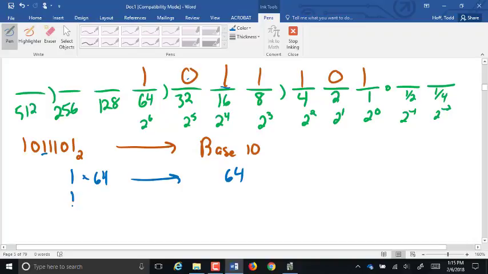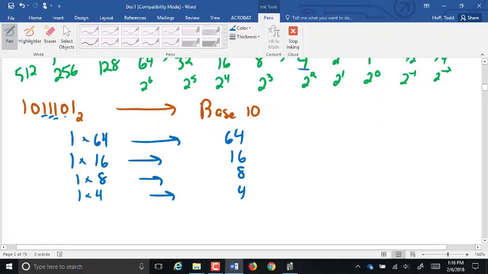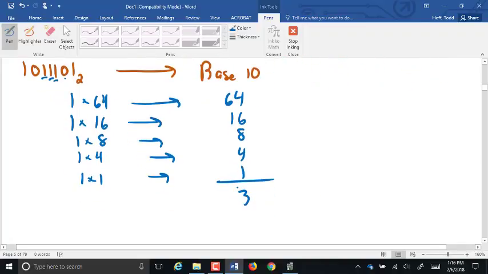This 1 is in the 16 digit. 1 times 16 is 16. The next one is in the 8 digit. That's 8. The next one is in the 4 digit. 1 times 4 is 4. 0 doesn't matter, and the final 1 is in the 1's digit. So we add those all up. We got what? 10, 22, 23, carry the 2, 8, 9, 93. So the binary number 101101 is equivalent to 93 base 10.